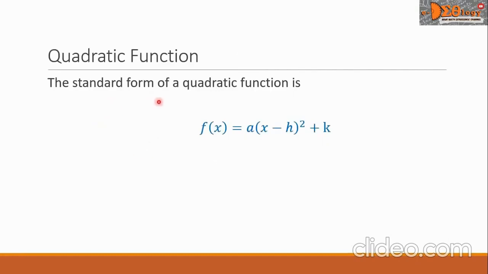The standard form of a quadratic function is f of x equals a times the quantity square of x minus h, then plus k. We know that the graph of a quadratic function is a parabola. In the standard form, we can see here the h and the k, and that is exactly the vertex of the parabola.